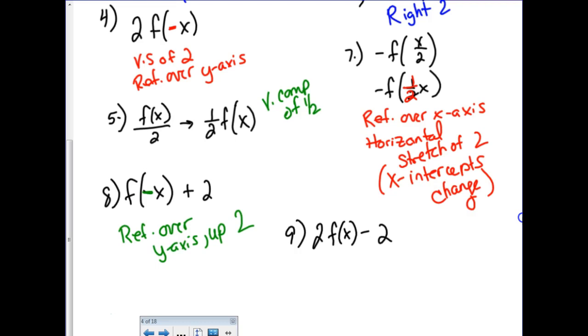The vertical stretch of 2 would have to be applied first on your function. The subtract 2 is what's happening after you've applied that. So you are looking for a graph that has been vertically stretched by 2, vertical stretch of 2, and then moved down 2.